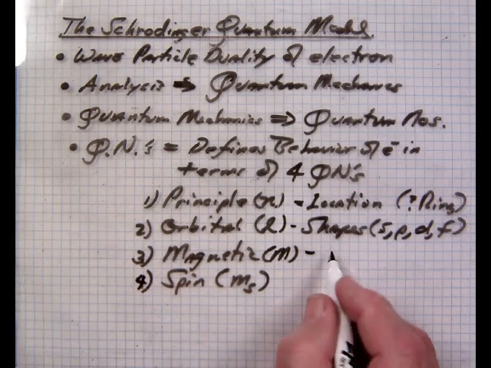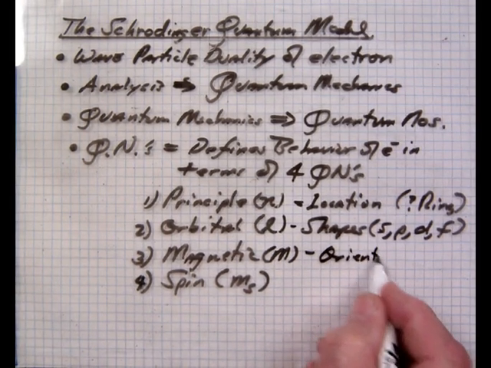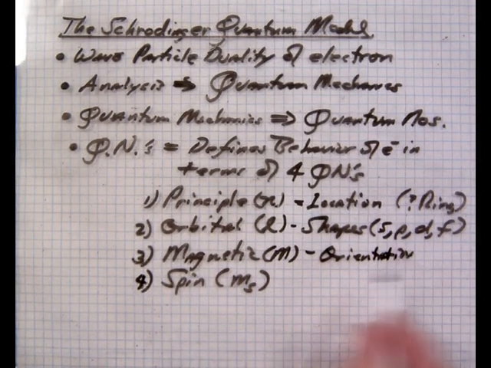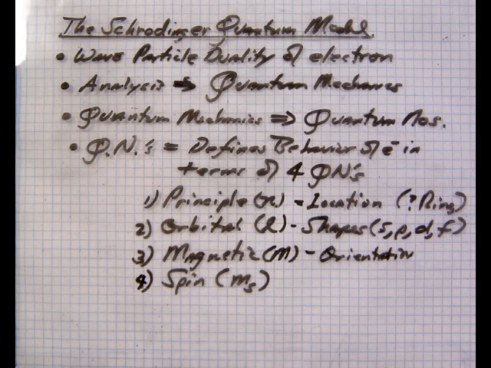Magnetic is the orientation in 3 dimensions, and there's a special table, a little triangular table, if you have your outline. It's not on this, and we'll go to it later.